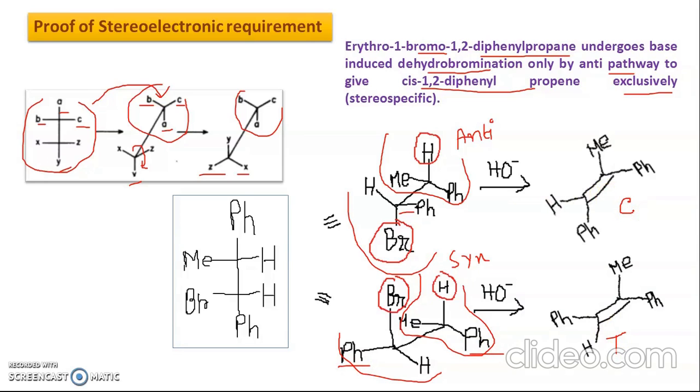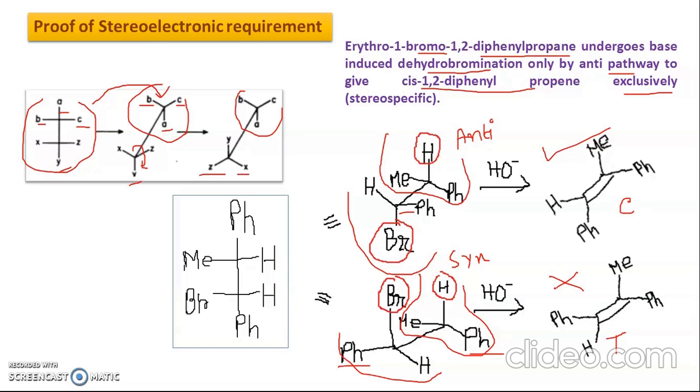So from the anti arrangement we are getting cis-1,2-diphenyl, but from the syn arrangement we would get trans-1,2-diphenyl. Exclusively, as we are getting the cis product, not this one, it again proves why the anti arrangement is preferred over the syn arrangement, right?